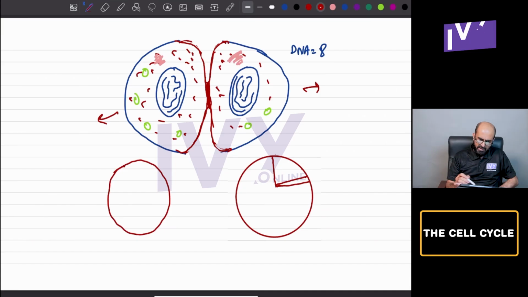Now you can see that this is the interphase.